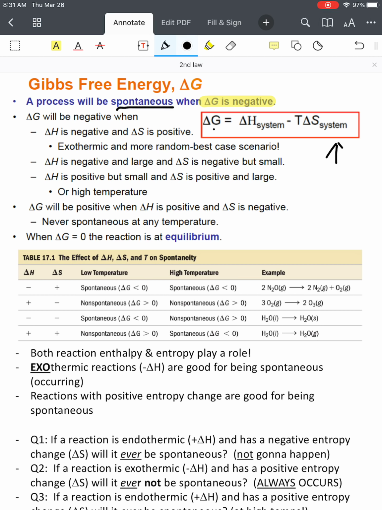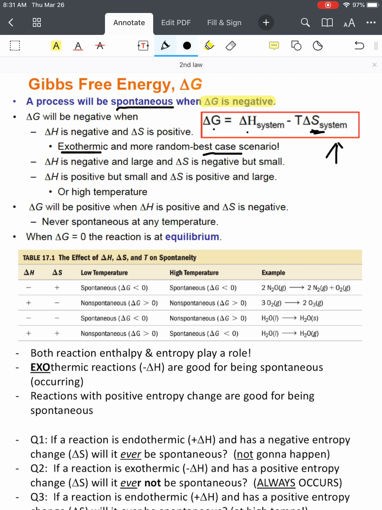Well, let's think about it. There's a couple different ways, right? If delta H is a negative number, if our reaction is exothermic, and our delta S for the system is positive. So what happens? We run the reaction, the entropy increases, and it's also exothermic.